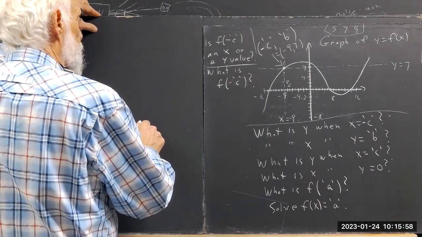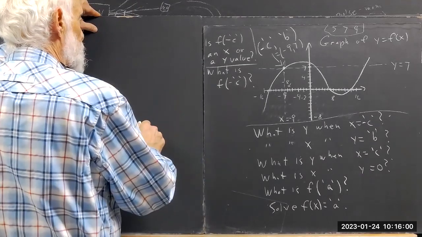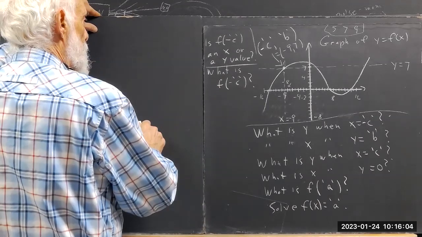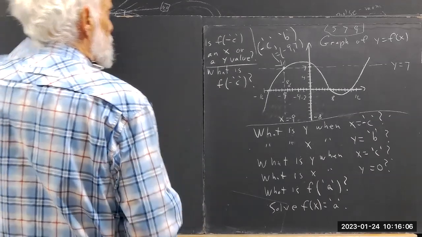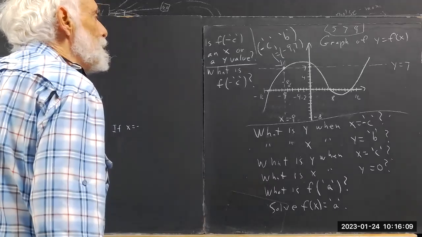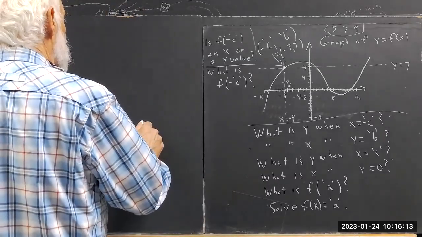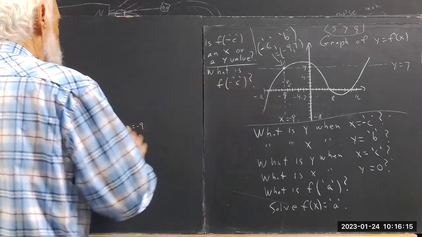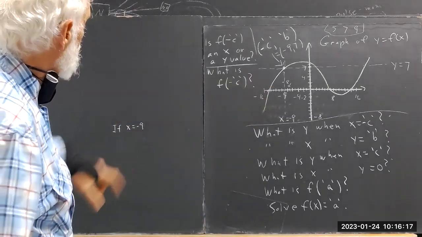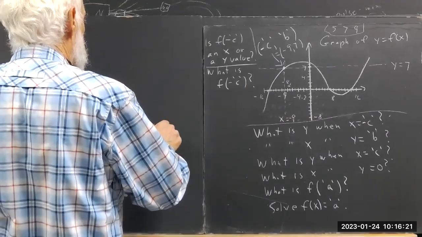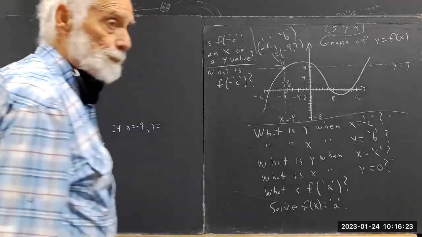If x equals -c, which is -7, you know what? No, c is -9, sorry. If x equals -9, I thought I'd done something wrong there. I was looking wrong here. If x equals -9, y equals what?